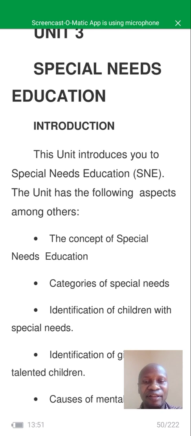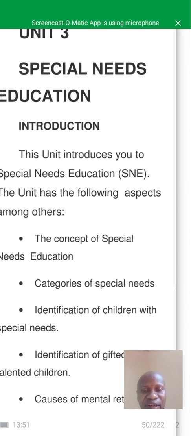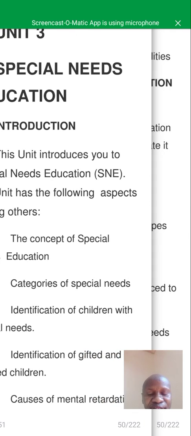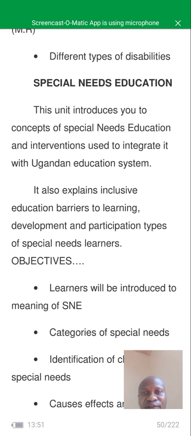Then the other aspect is categories of special needs. Then we are also going to look at identification of children with special needs, gifted and talented children, and different types of disabilities.